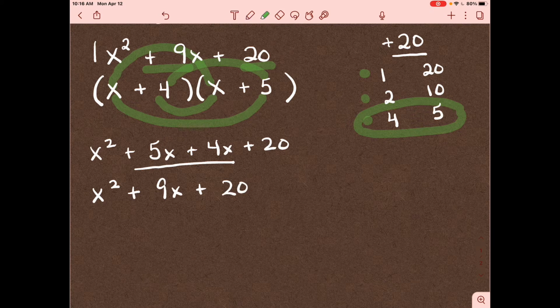So what's true here is that x plus 4 times x plus 5 is the same thing as x squared plus 9x plus 20. One of them is in factored form and the other is in expanded form.